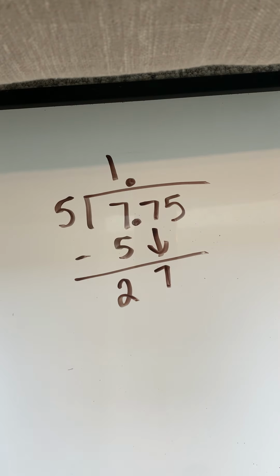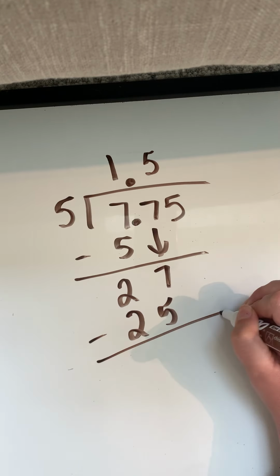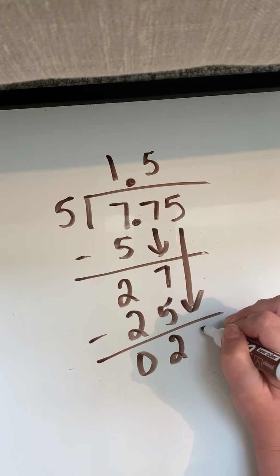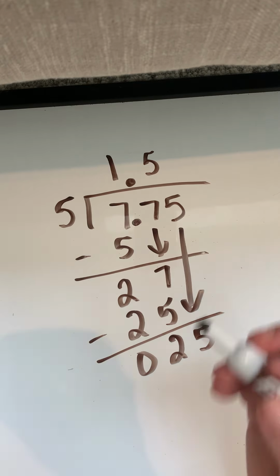Don't bring down your decimal. 5 times what gets me close to 27? 5, excellent. 25. 7 minus 5, 2, and bring down my 5. 5 times what gets me to 25? 5, excellent.